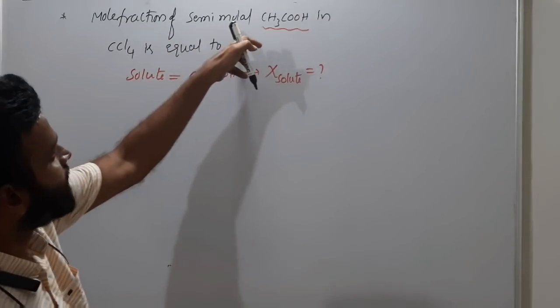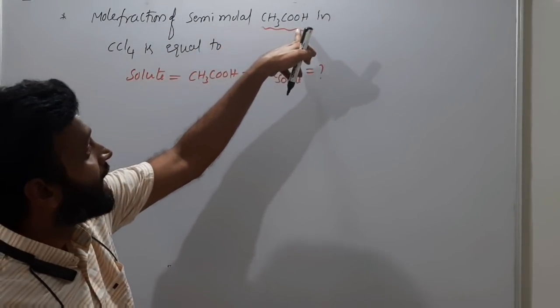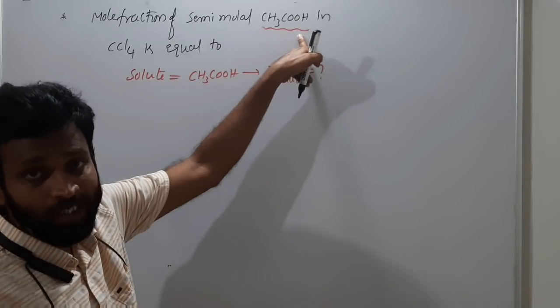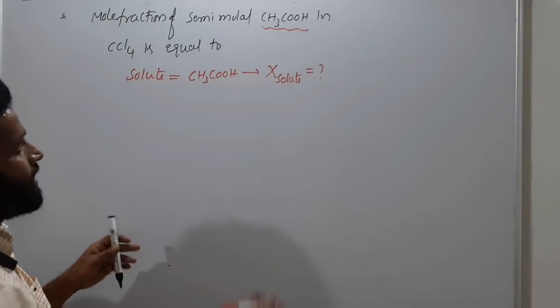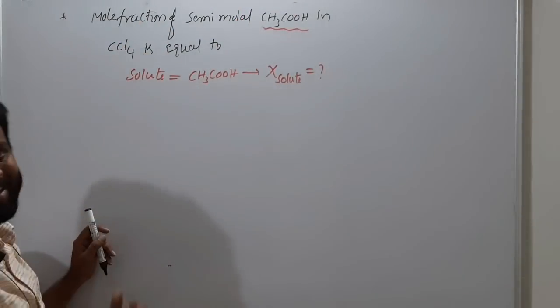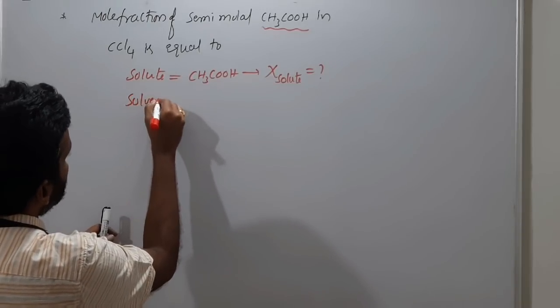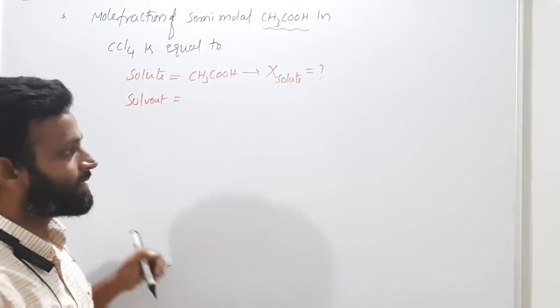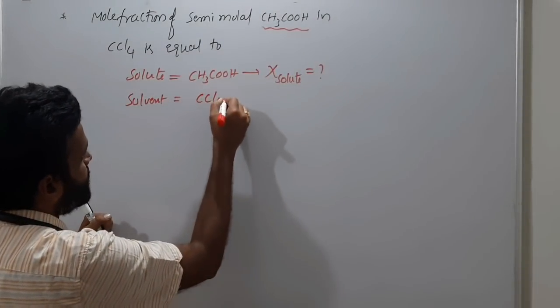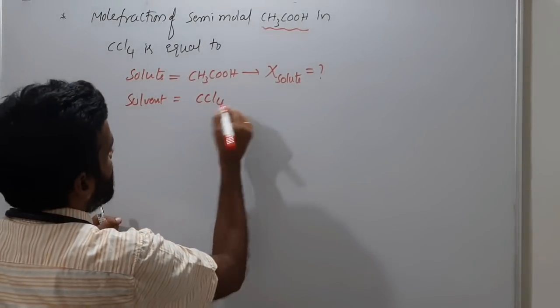Because mole fraction of semi-molal acetic acid, CH3COOH in CCl4. So CCl4 is solvent or not? Who is the solvent here? Solvent is CCl4.